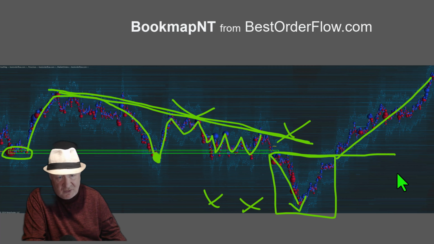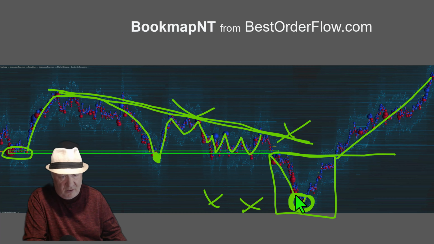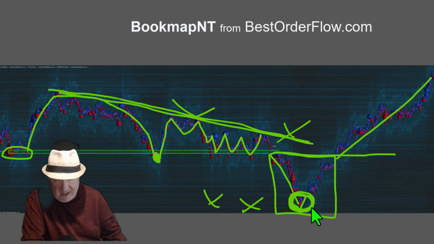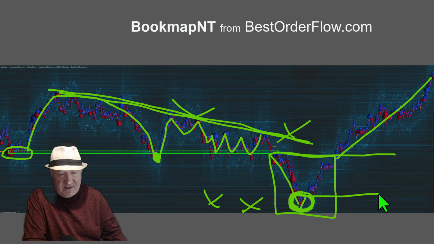And our best entry, if we want to be aggressive, is to go on a reversal, because we can spot the reversal right over here with indicators from Best Order Flow, Delta 2, Delta 1 indicators, footprint indicators, and the market speed indicators. We can spot this reversal easily.